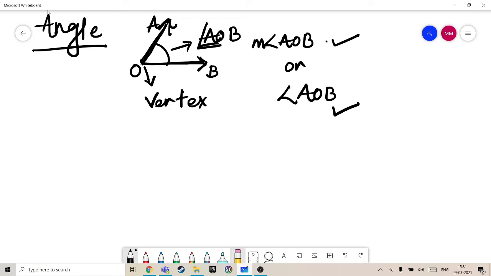How to represent the angle with the symbol? This is the symbol AOB, and we can write BOA also. We can represent AOB or BOA. AOB is same as BOA.